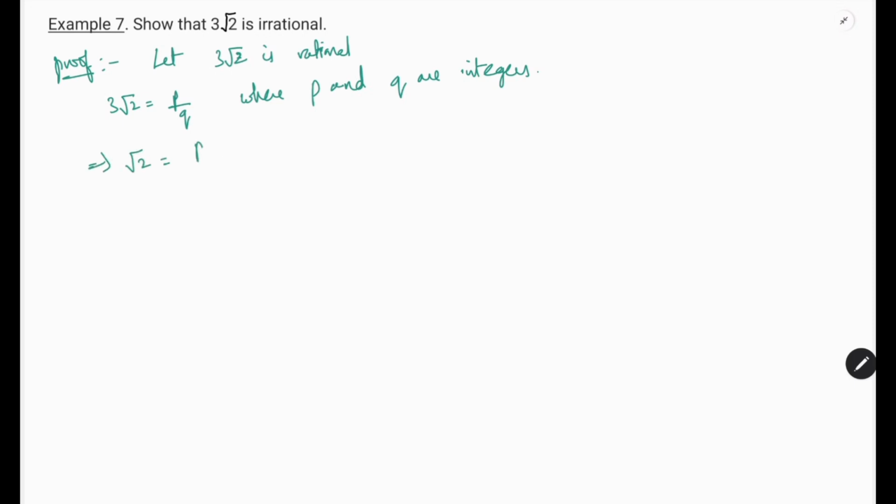Take 3 to the other side, P by 3Q. Here as P, 3 and Q are integers, P by 3Q is a rational number.